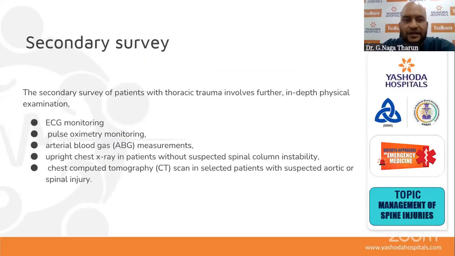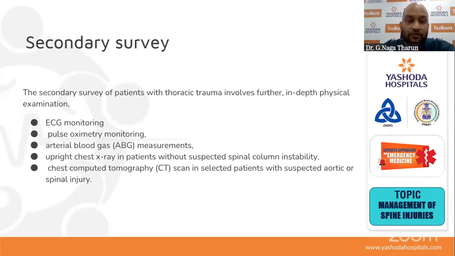Coming to the secondary survey in thoracic injuries, it involves further in-depth physical examination like ECG monitoring, pulse oximetry monitoring, and ABG values depending upon the PO2, PCO2, and lactates. What is the HB? If the patient is having open thoracic injuries, he might have tension pneumothorax and hemothorax, massive hemothorax.